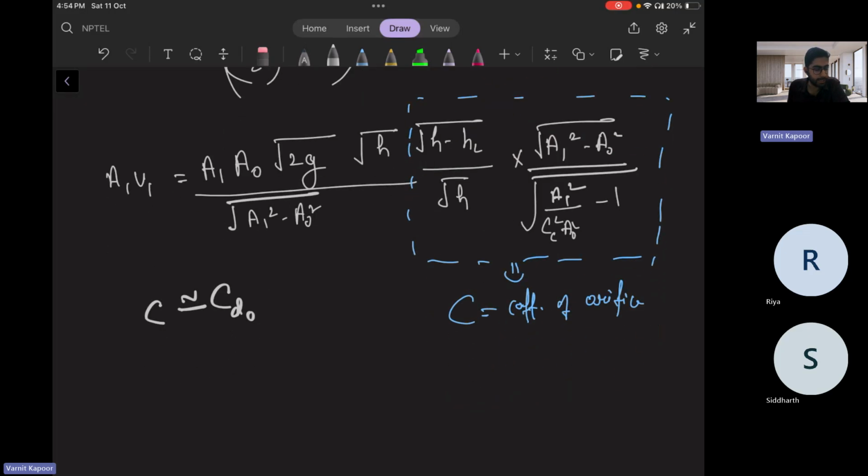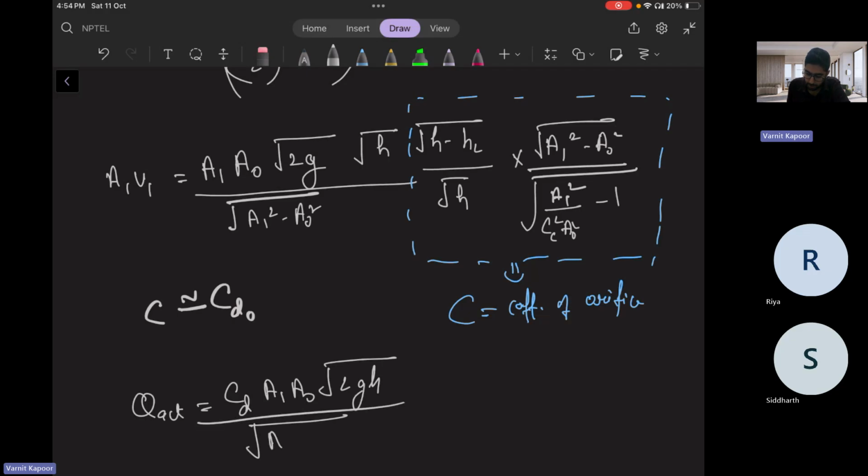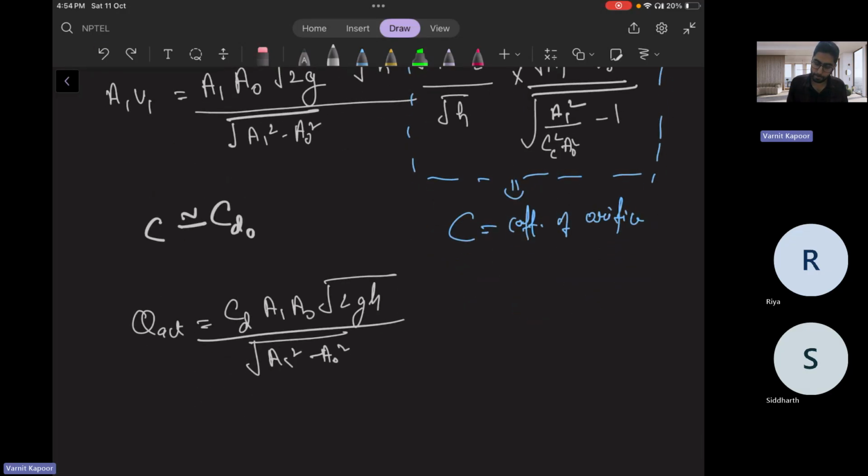So you can directly write that Q actual will be nothing but CD times A1 A naught root of 2GH by the root of A1 square minus A naught square. Okay. And again, this H is your piezometric head loss, and it happens in a pipe flow.